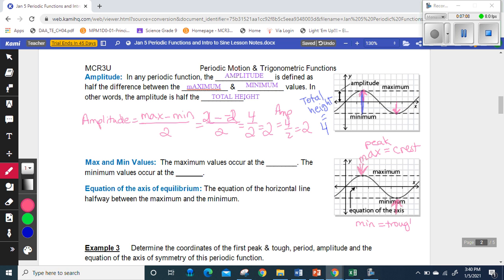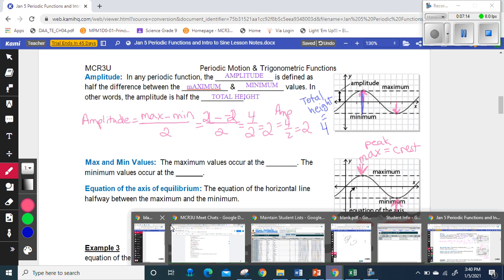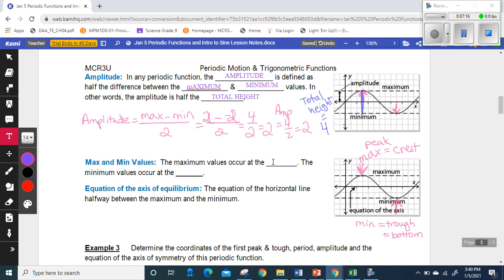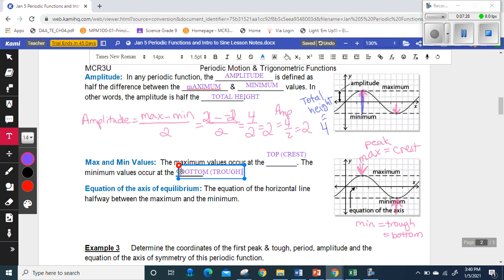So the trough, that's the bottom. Minimum, smallest number possible. So the maximum values occur at the top. That's called the crest. Okay, and the minimum values occur at the bottom, which is the trough.